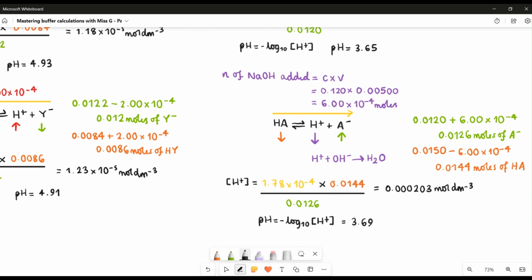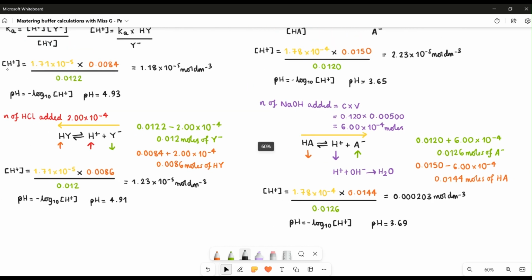So a slightly bigger change this time than we saw with the last example, where it only changed by 2 pH units. Here it's changed by a little bit more than that. But still, we can say that the buffer has maintained its pH. So that would be how you would answer these particular questions on buffers.